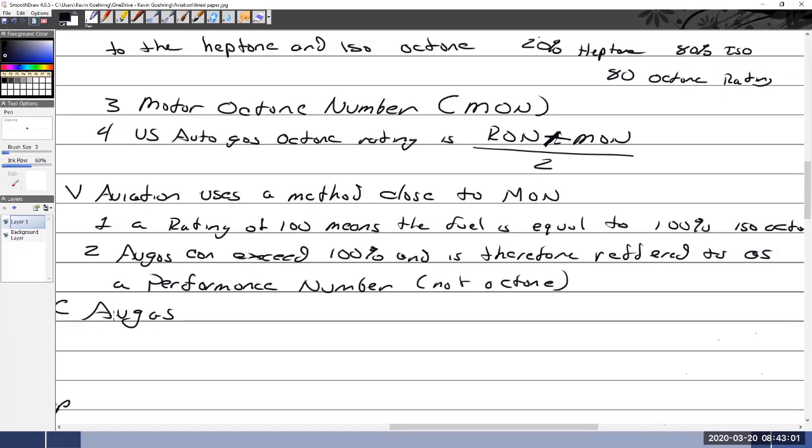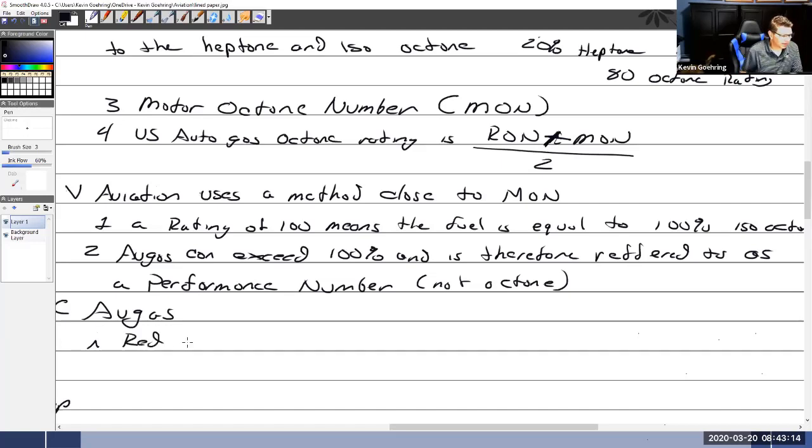The project was you had to identify the 3 types of fuels. Back then there were more choices. Now we're down to pretty much a couple of choices, one choice. So there used to be avgas. We had red. Let me see if I can pull up a picture. I think I have a picture here.